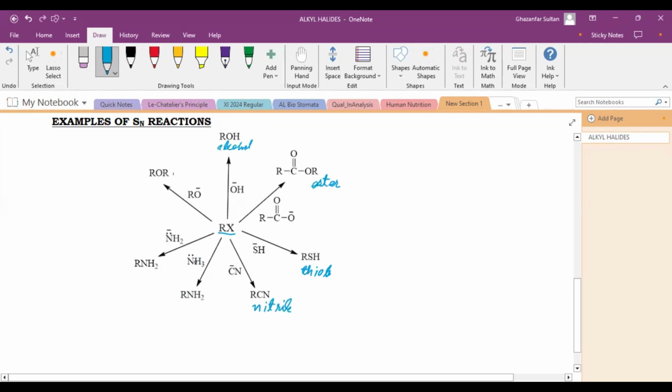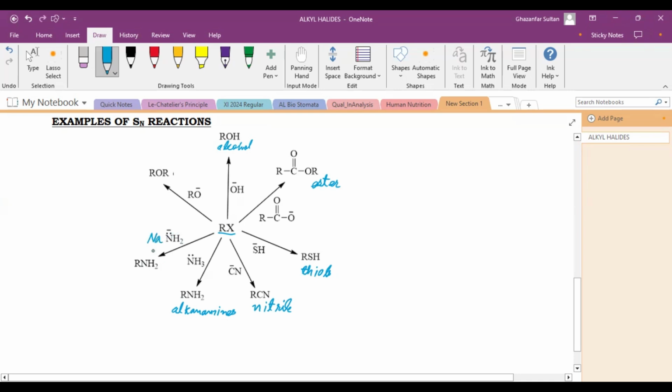And similarly, we can produce amines by using ammonia gas. Ammonia can displace halide from the alkyl halide and produces alkanamines. Alkanamines can also be produced by using inorganic amide.